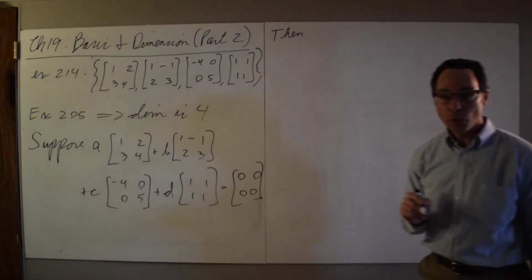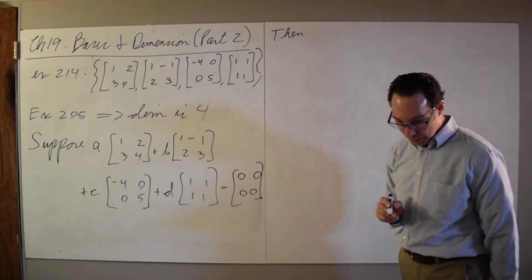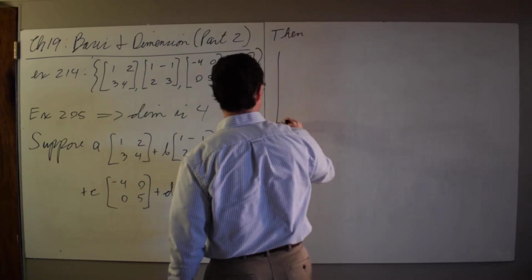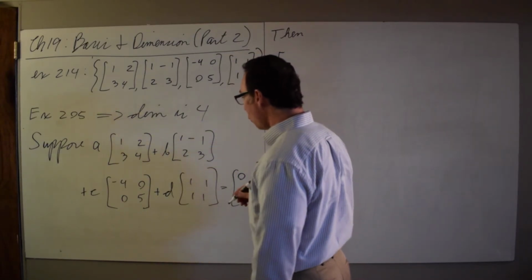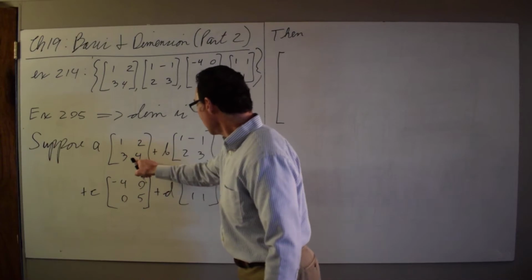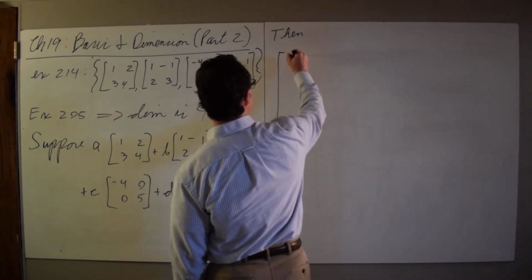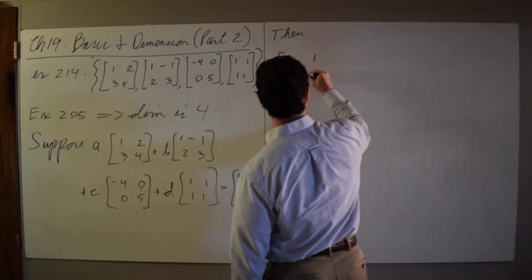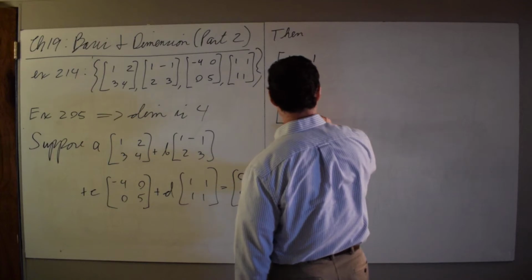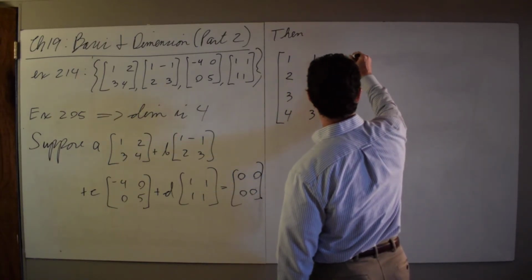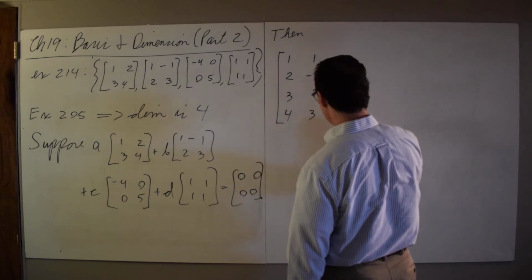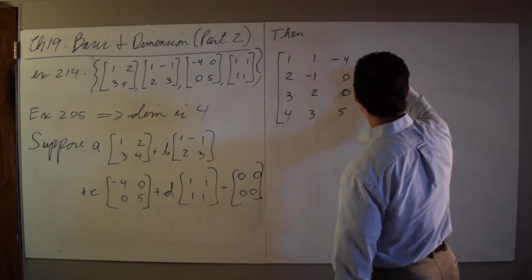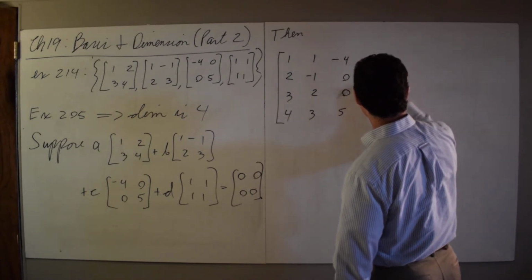Then we can write this as an equation involving a matrix and a vector. Let's take a 4 by 4 matrix whose columns are the entries in these matrices: 1, 2, 3, 4; 1, -1, 2, 3; -4, 0, 0, 5; and then finally 1, 1, 1, 1.